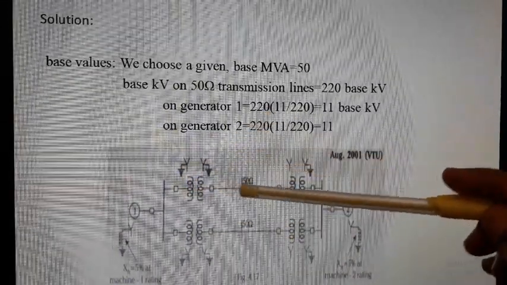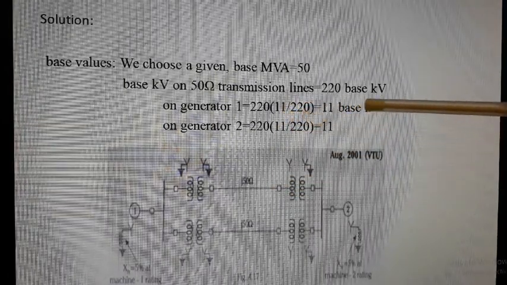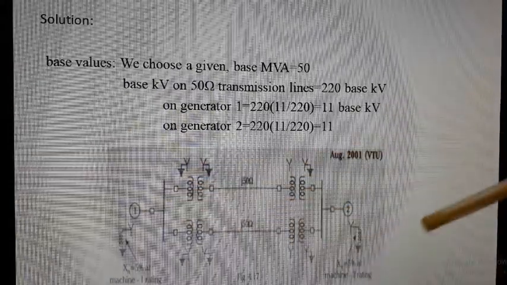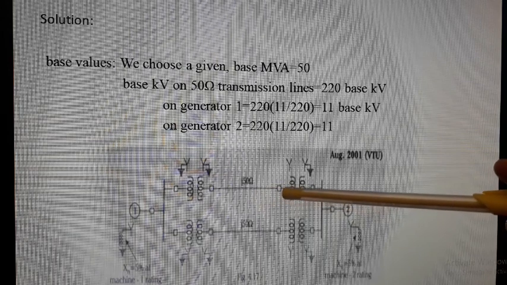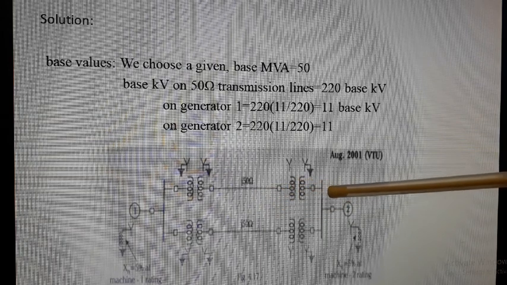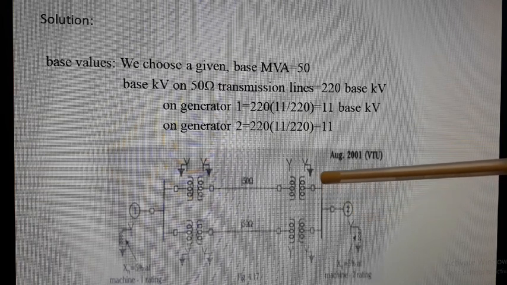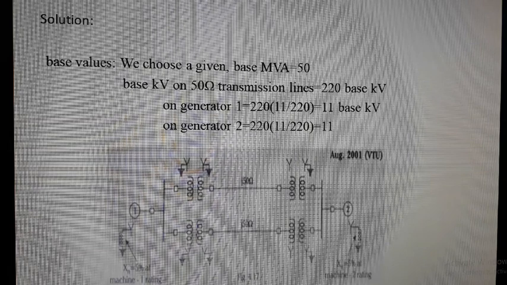So 220 kV into 11 by 220, that becomes the voltage base for generator 1. Similarly for generator 2, 220 kV is the base here, into V2 by V1. V2 is 11 because 220 steps down to 11 here. So 11 by 220, it becomes 11 kV, the kV base at generator 2.